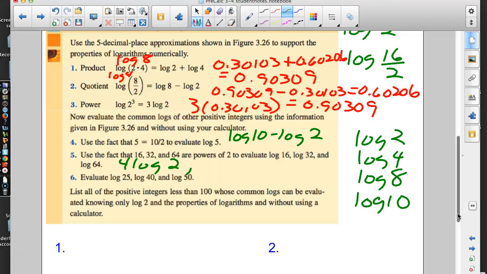Out loud would be nice. 2 to what power gives you 32? 5. 5 log of 2. 64. 6. Yeah, 32 times 2. 64.